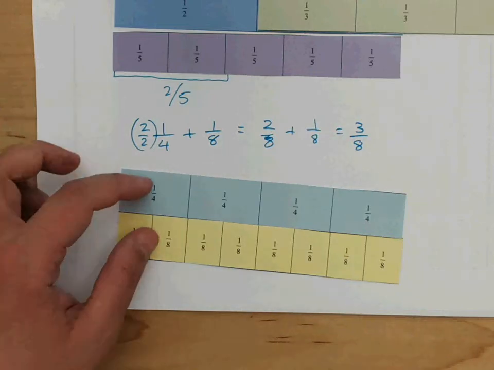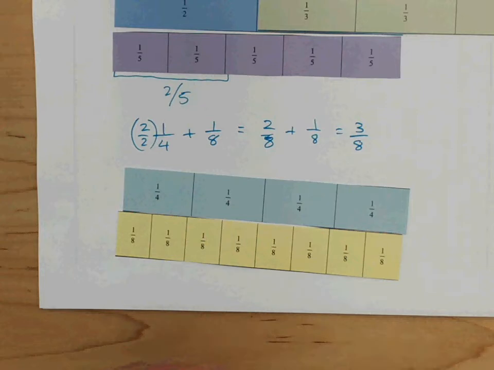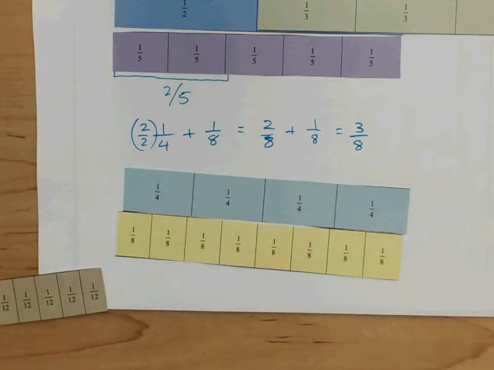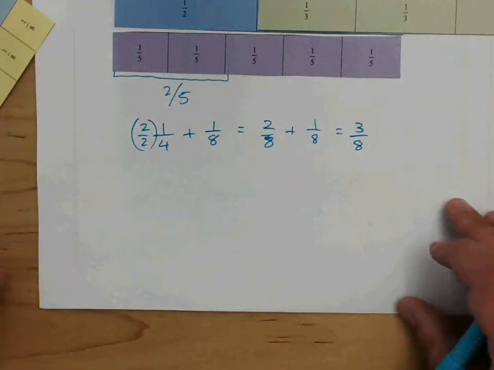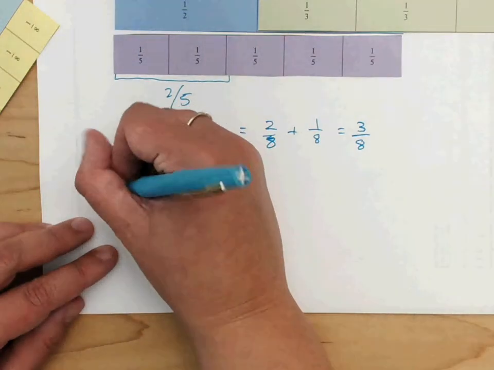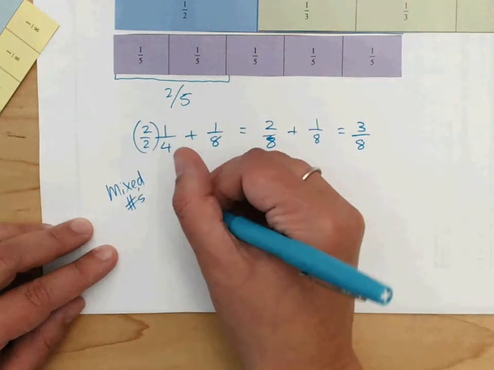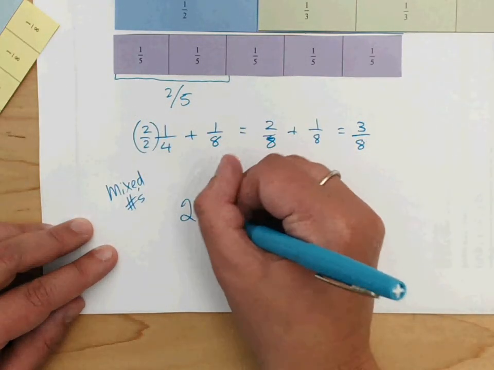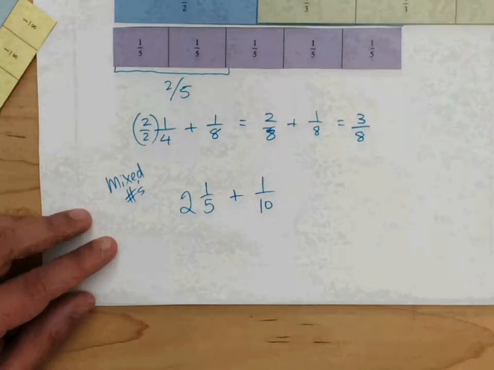So what about if I wanted to add, oh, okay, yes, an improper fraction with a proper fraction. That's a good idea. Usually improper fractions start out as mixed numbers. So let's say I have 2 and 1/5 plus 1/10.